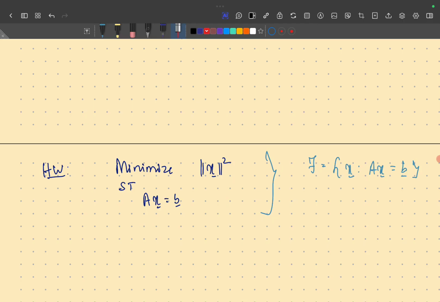Now that distance is the minimum distance. Correct. But there's a slightly simpler way of saying exactly what you said. Perpendicular distance. Correct. It's the distance between the origin and the set. Right? So the problem is basically to find the minimum distance from the origin to F.